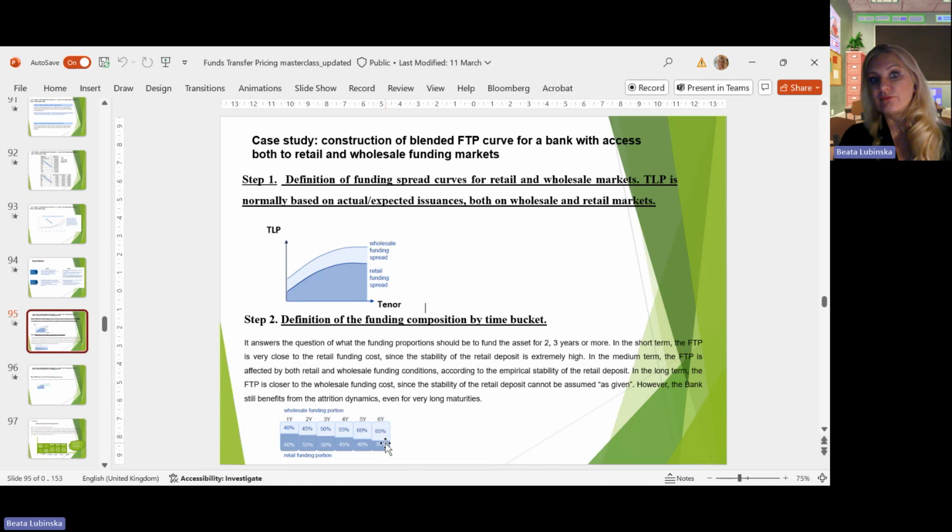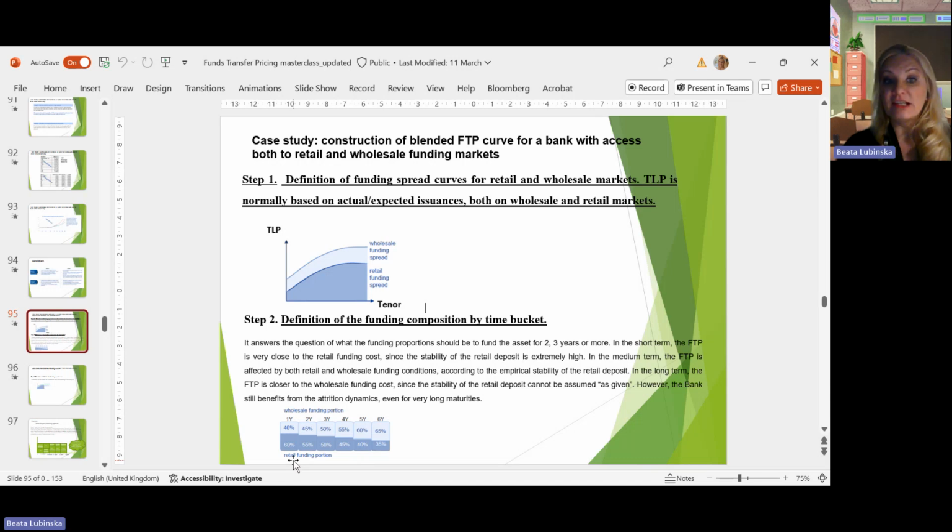So only in this way will you be able to calibrate the cost of your 1 year wholesale funding and the cost of your retail funding portion, and your blended rate for each time bucket.